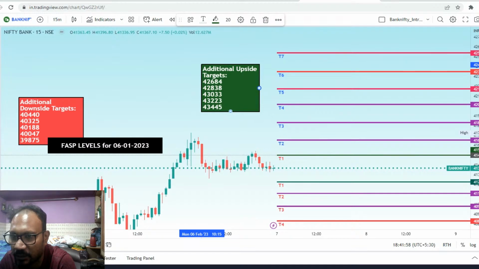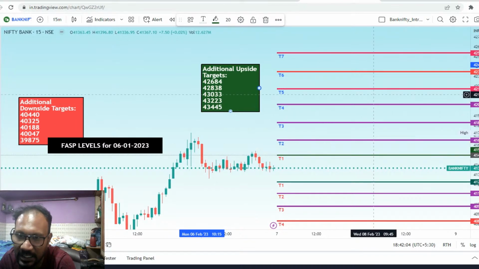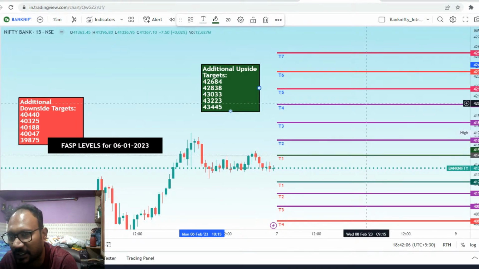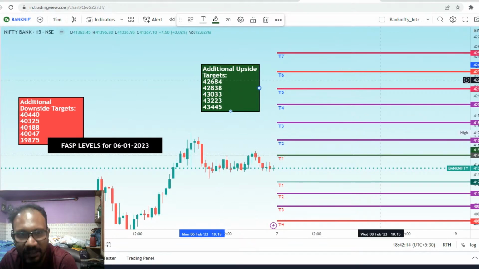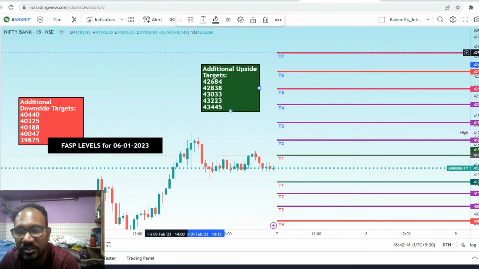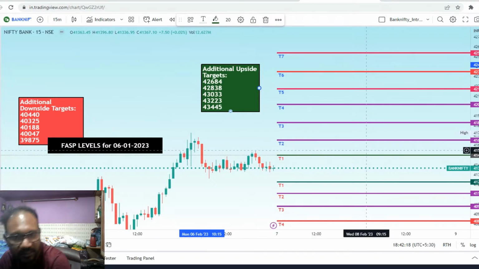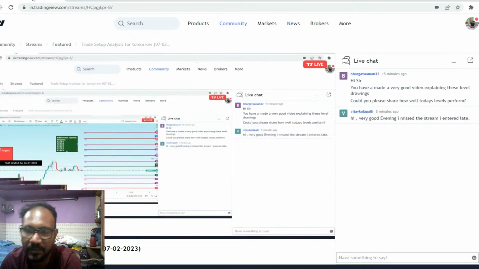Then 150 points, then another 150 points. Likewise, it keeps expanding with a 150 points gap. Earlier, I used to give only about 80 to 100 points gap, right? Because of the volatility and the kind of range where we are stuck, considering there could be a possible breakout, we are giving a much broader spectrum of ranges.